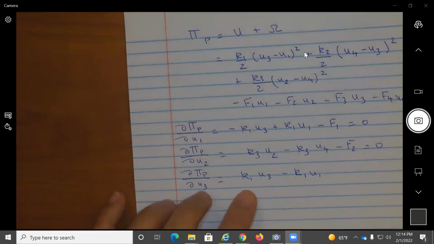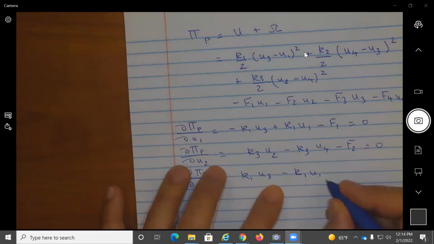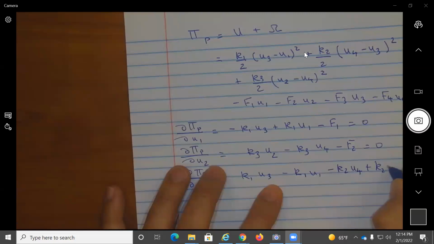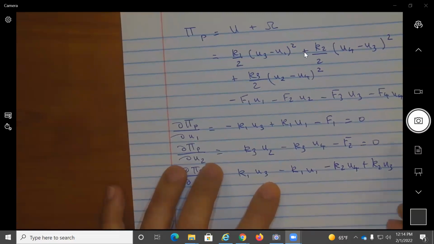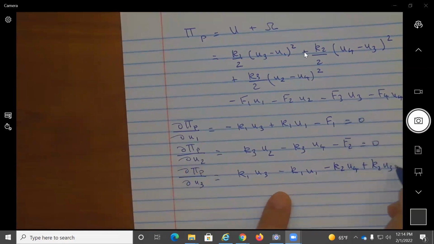So I get a k1 u3 minus a k1 u1, and then minus a k2 u4 plus k2 u3, and then I have a minus f3 is equal to 0.